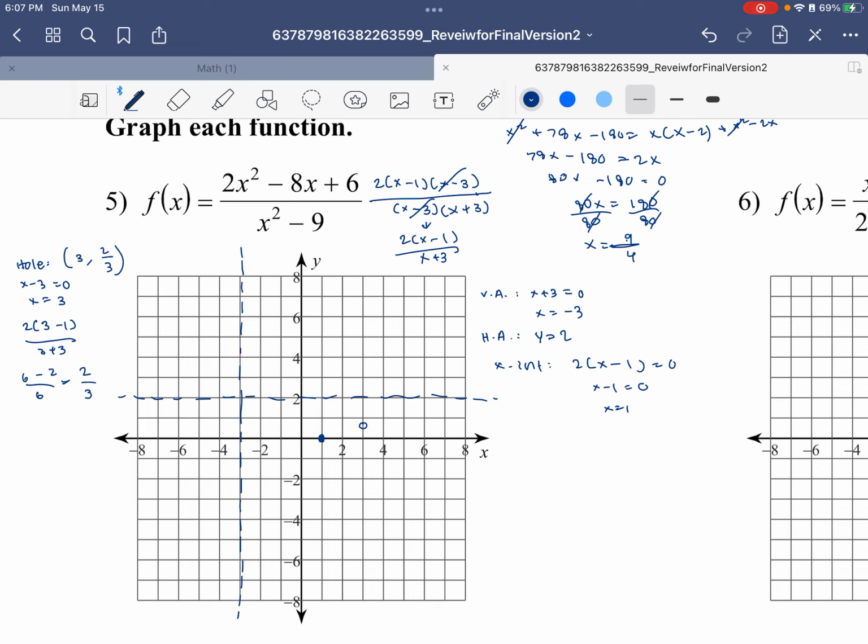Okay, and then your y-intercept is when x is 0. So back to our equation, let's see what y is when x is 0. So plug 0 into where we see x.